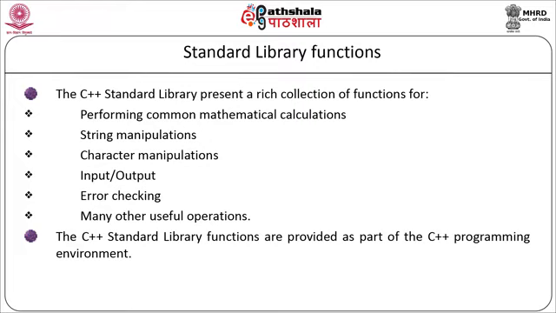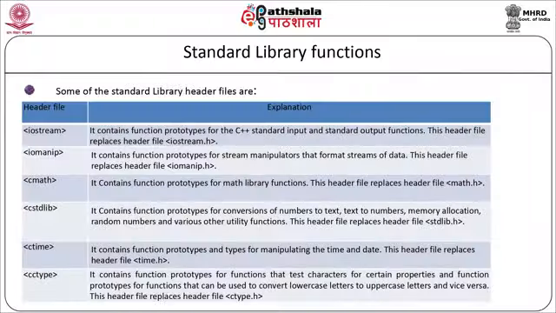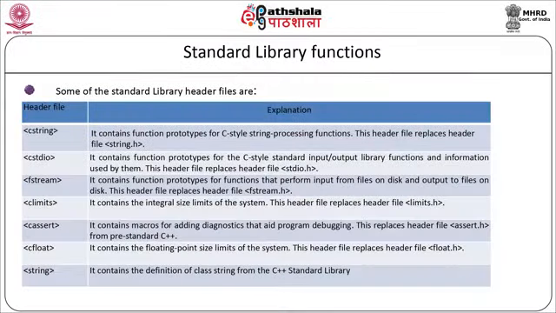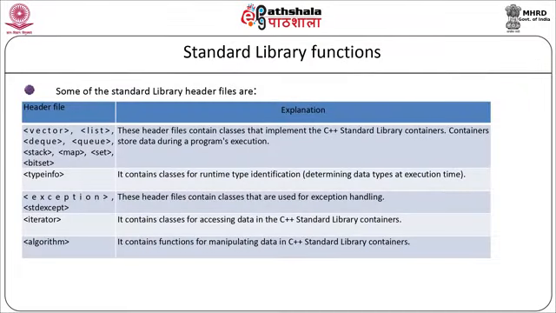There is no need to declare and define standard library functions. Whenever a standard library function is to be used in the program, the corresponding header file in which it is defined has to be included inside the program. Here we are giving the list of some of the C++ standard library header files in these slides. Just go through the slides.